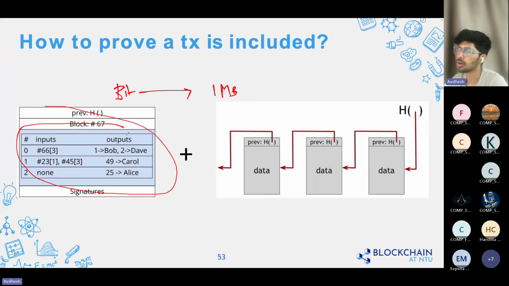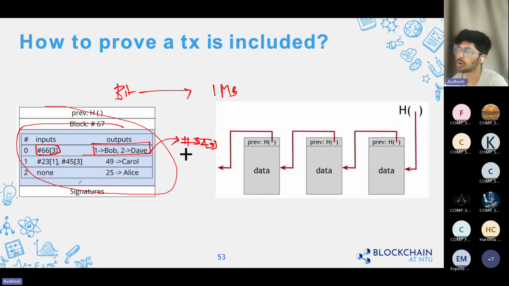So how will you do this? There will be multiple transactions like these. Even this one transaction, which is on block 66, index number 3, might be linked to another transaction from block 52, index number 5. So how will you store all those transactions on a block?